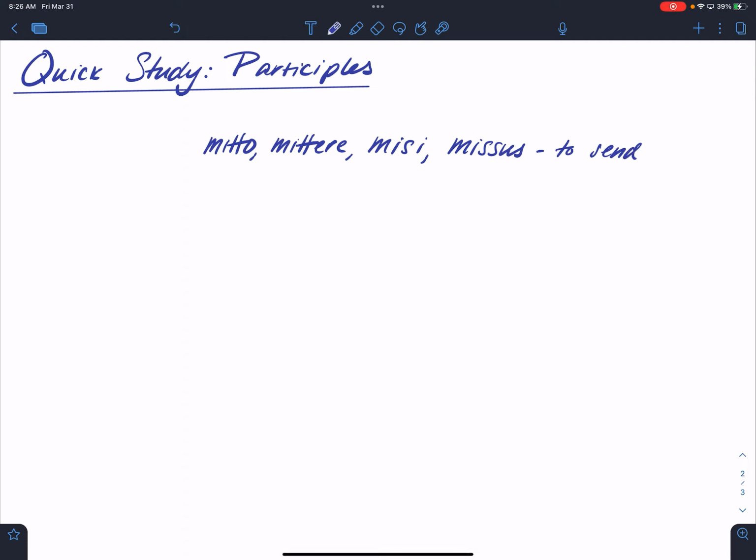Okay, now I'm gonna kind of draw somewhat of a table, so bear with me here. All right, let's start with our columns. Okay, so we're gonna have the active side of things, and we're gonna have the passive side of things.